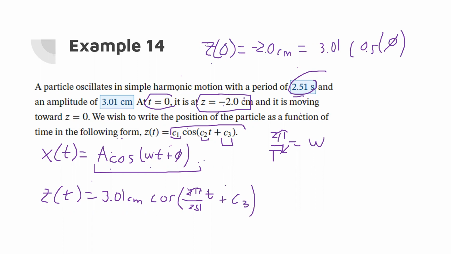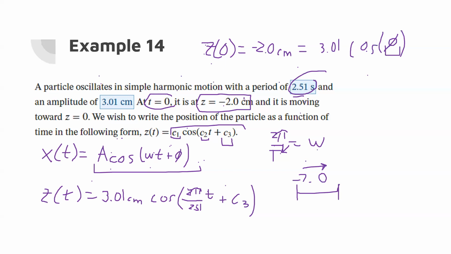The other thing I need to worry about, and I don't think you'll have to do anything like that, but it tells us that it's moving towards, so it's starting in its cycle, it's like back here, and it's moving this way. All that tells us is that this phase angle needs to be a negative angle.